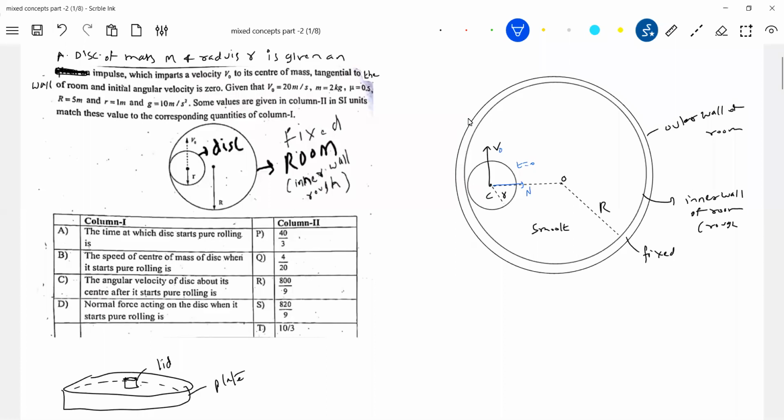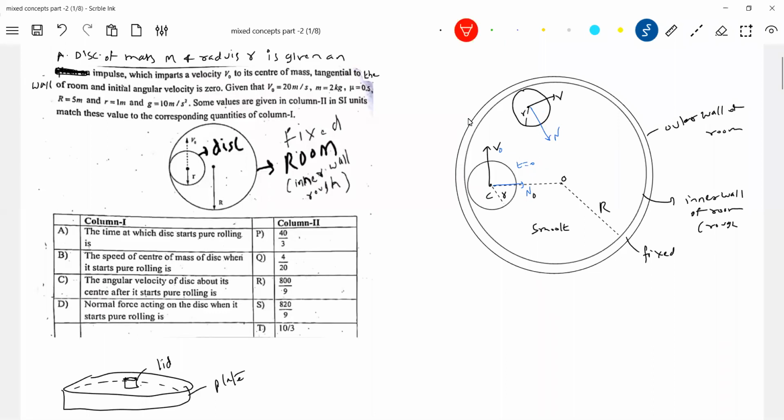After some time, the disk will be here. It will have velocity v, tangential to the inner wall, and the radius of the disk is r. Initially it will have normal contact n naught, and at any instant of time it will have normal contact n. How should the friction act?